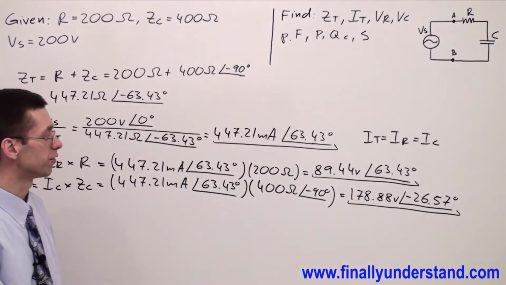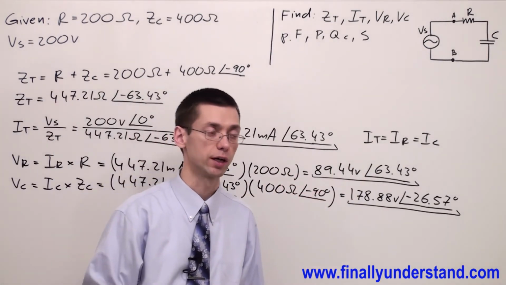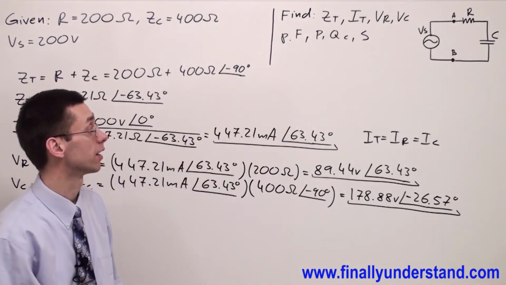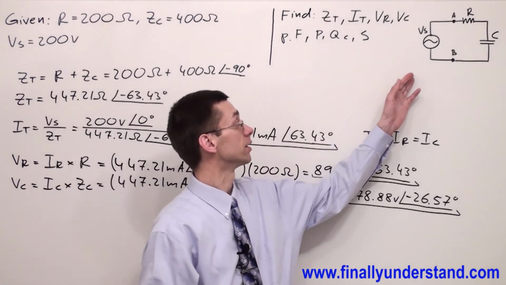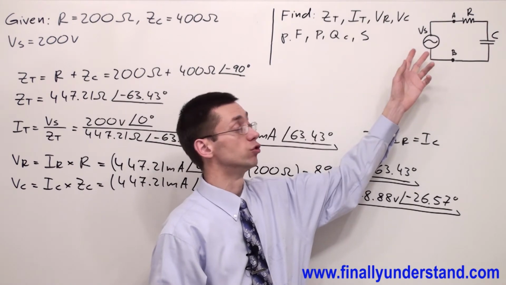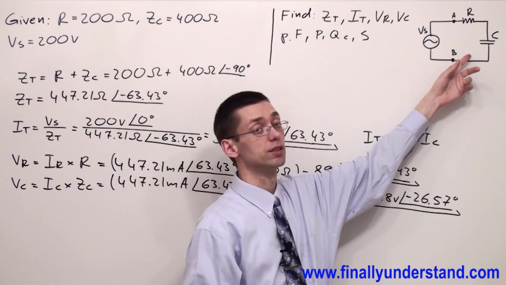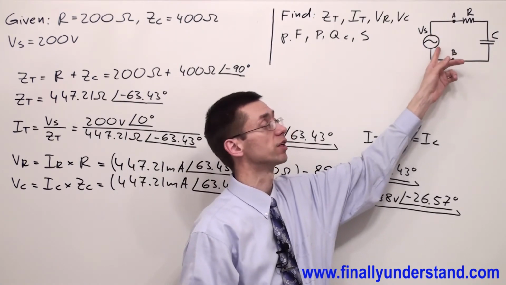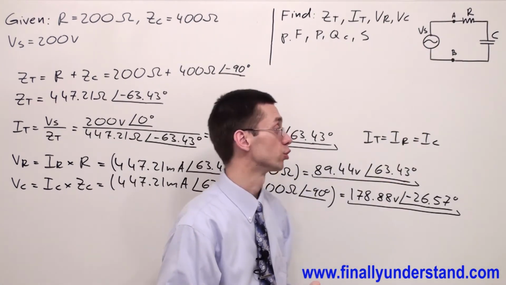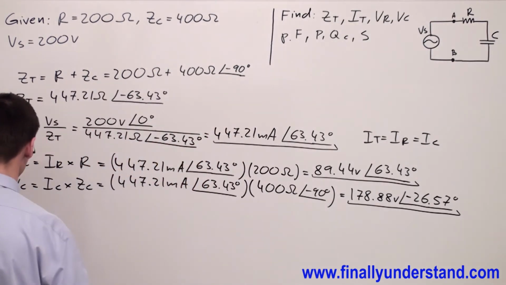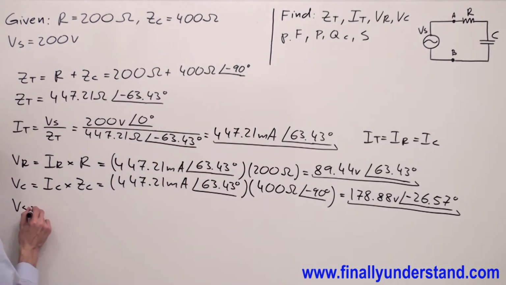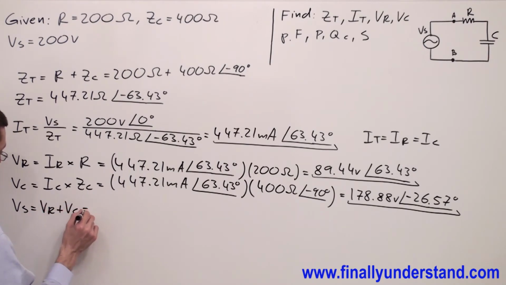In order to verify that these answers are correct, you're supposed to use KVL. KVL says that the sum of the voltage drops, I mean VR and VC, in the series circuit is supposed to give me the voltage source. So let's write voltage source is equal to VR plus VC. You don't have to do this calculation, but it's always good to check.